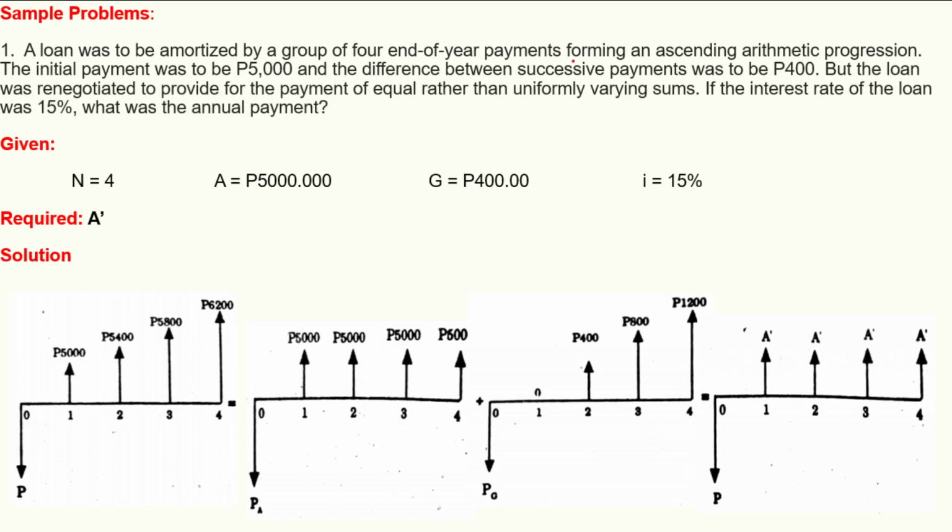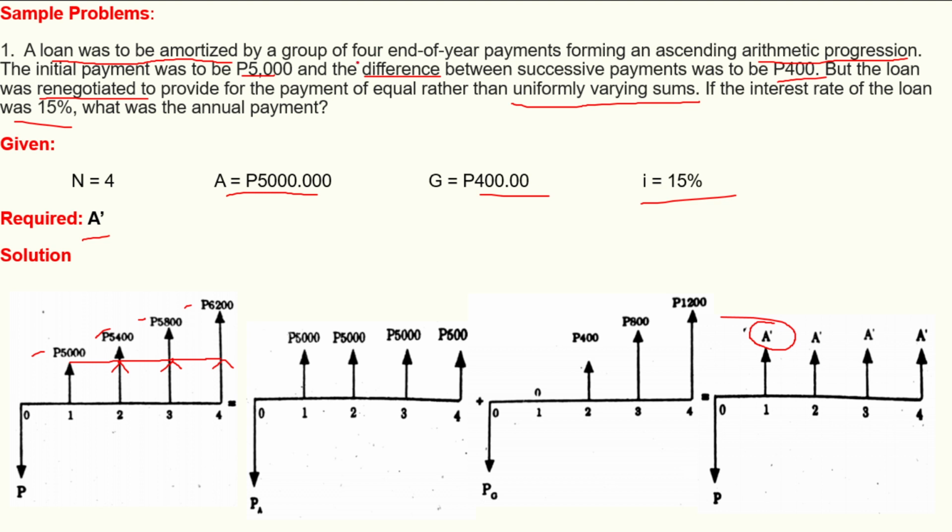So, sulat ko ulit yung given. N natin ay 4. Saan nanggaling yung 4? Sinabi sa problem. 4 end of year payments. Okay? So, 4 na period or 4 na payment ang kailangan gawin. So, N natin ay 4. A natin ay 5,000. G natin is 400. I natin ay 15%.